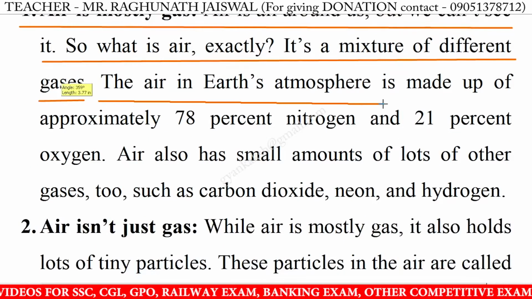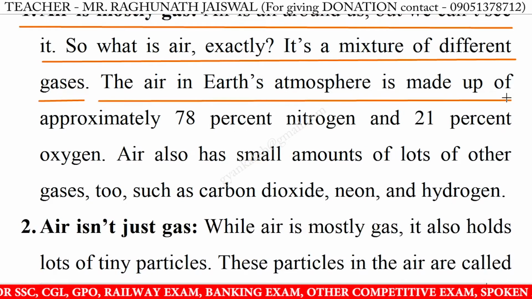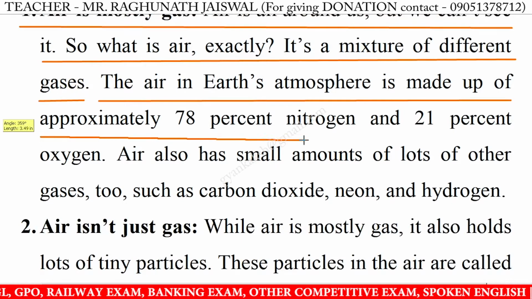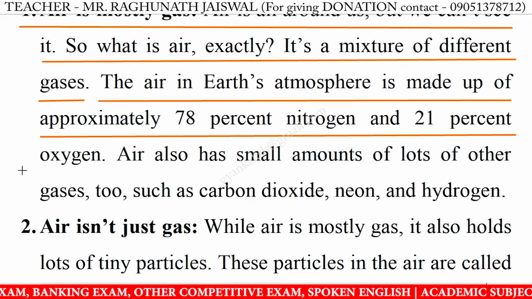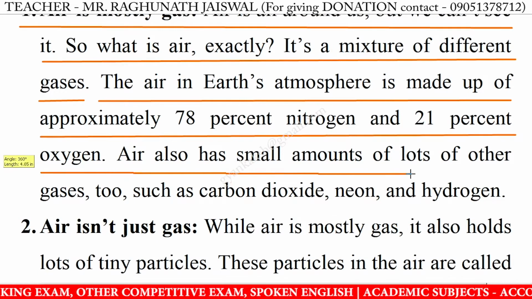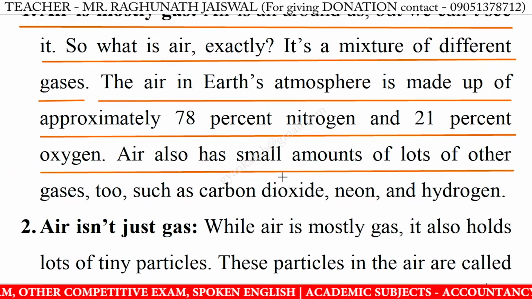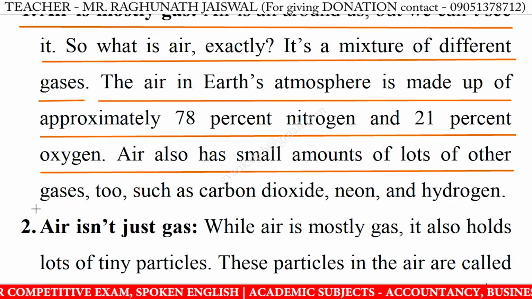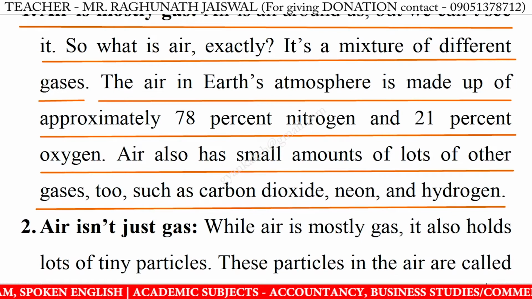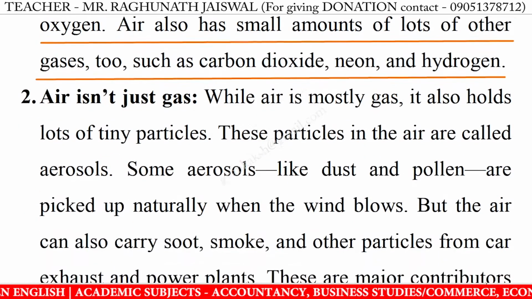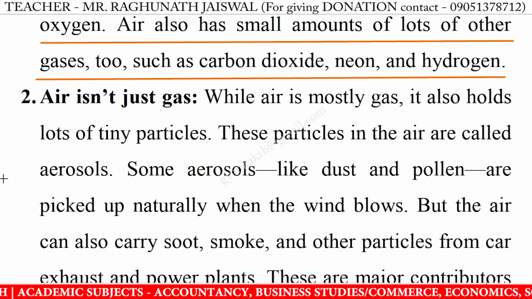The air in Earth's atmosphere is made up of approximately 78% nitrogen and 21% oxygen. Air also has small amounts of lots of other gases too, such as carbon dioxide, neon, and hydrogen.